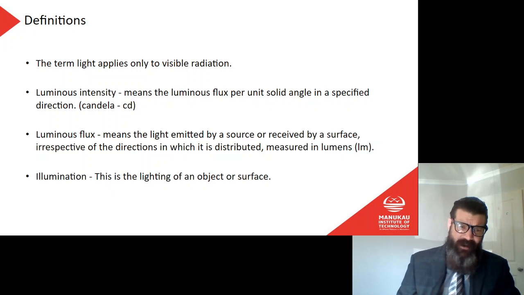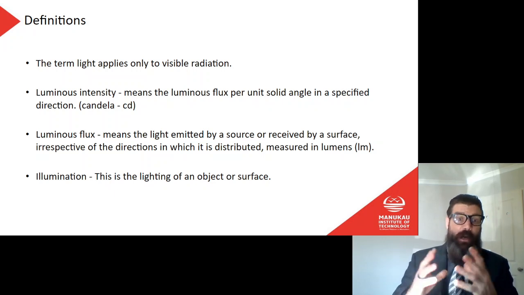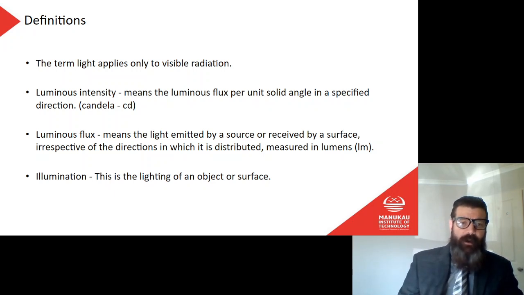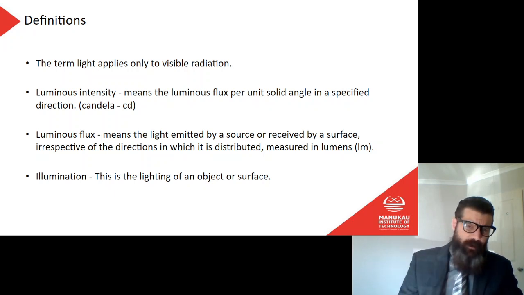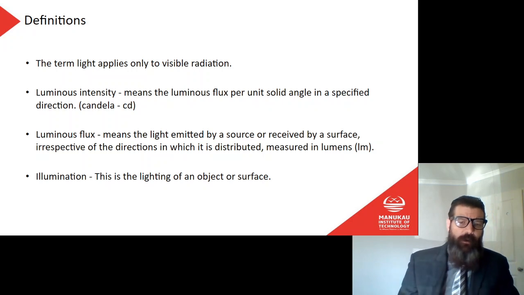So luminous flux is how we would normally measure how much light is being put out by a lamp. If you go and look at a lamp on the supermarket shelf, it will usually have a flux reading on there. It'll say 800 lumens or something like that. And that's also how we would measure. If we have a light meter, we can measure the amount of light that's being received in a given location. And we would use that by luminous flux.